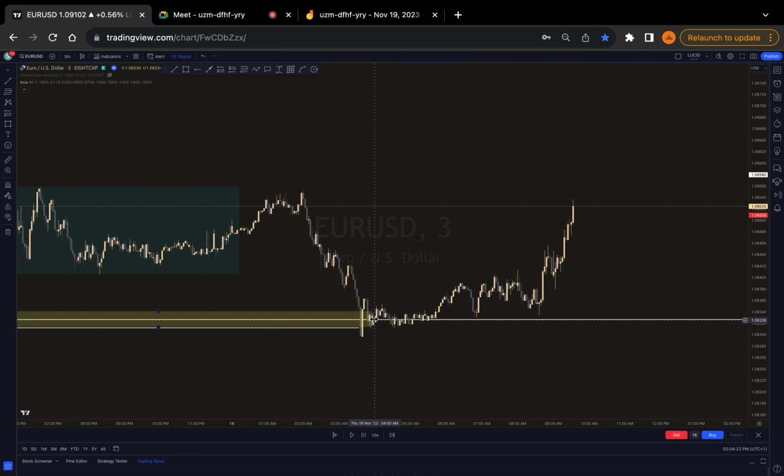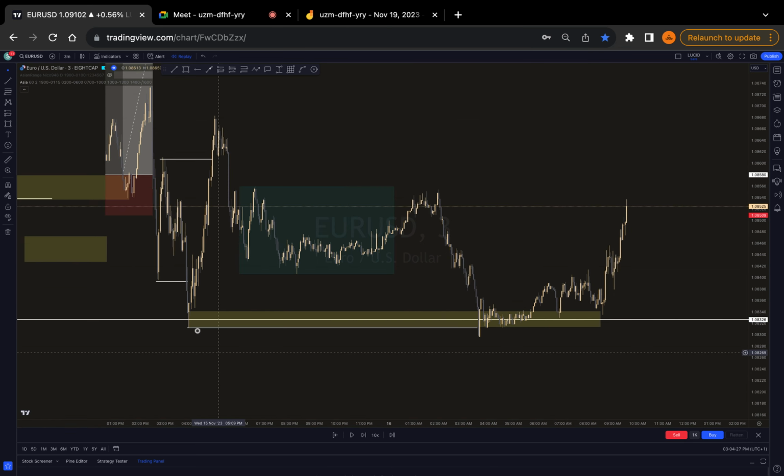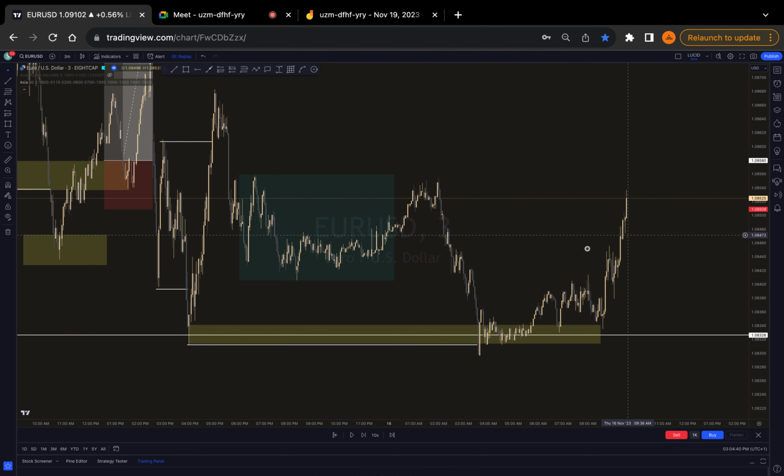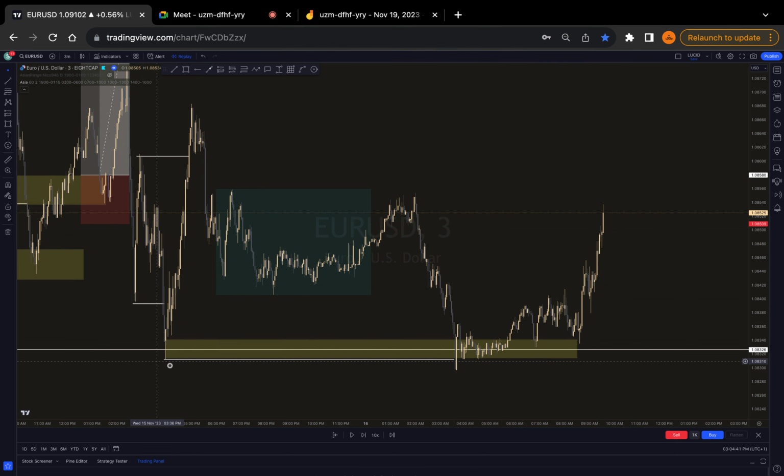So can you see that it came and reclaimed this zone that is swept, took out this external liquidity, broke back in, came and reclaimed it. Do you get the point now? Came and reclaimed the zone before going up. Now, taking this guy to move higher, it swept it. It did not break it. This was a sweep. For this reclaim to happen, it was a manipulation, right?